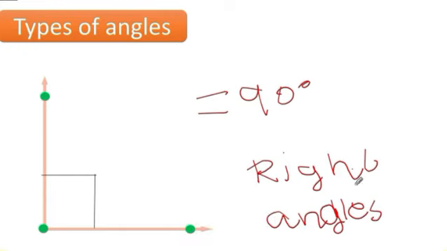And again, if you have an angle which is 89 degrees, then this wouldn't be considered a right angle. This would be an acute angle as it is less than 90 degrees.